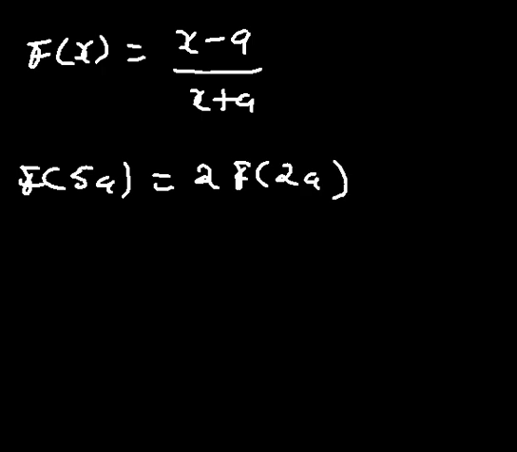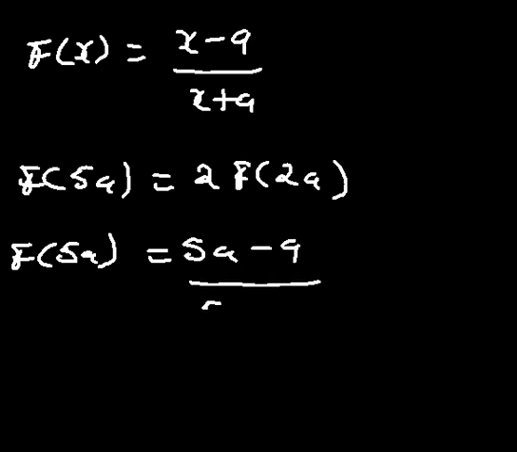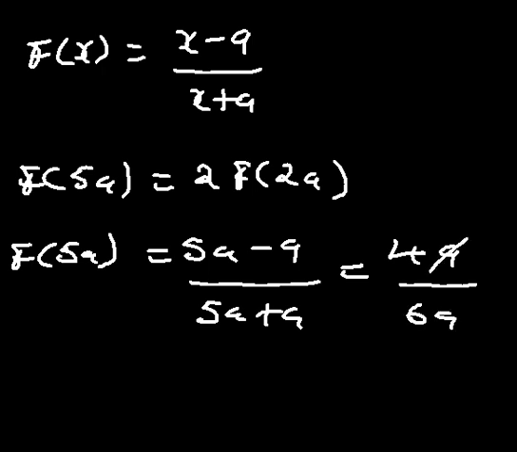So we should have to show that one. So what is f of 5a? So now have it as 5a minus a divided by 5a plus a. That is given as 4a divided by 6a. So that will have it as 2 over 3.